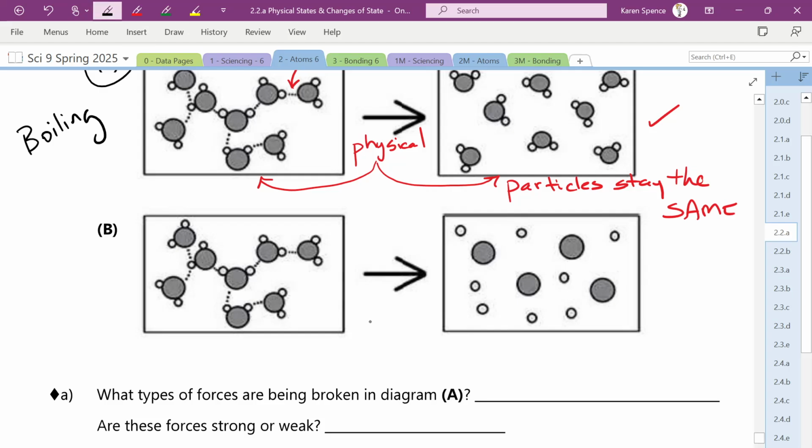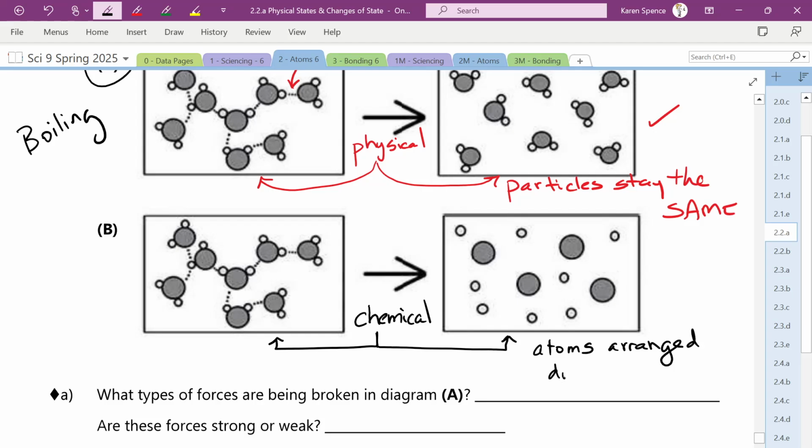B would be chemical. And in a chemical change, you start with different particles and you finish with different particles. The atoms rearrange themselves. Is that good? Okay.